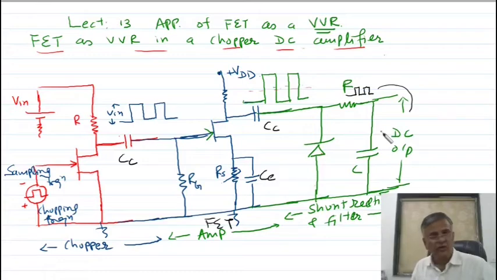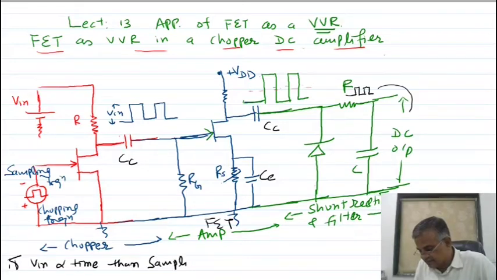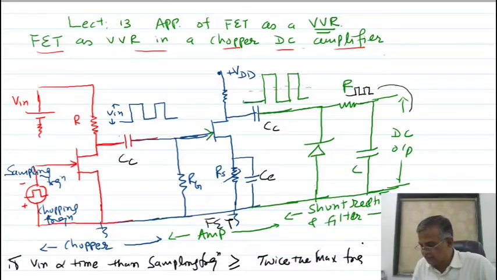Now you have to remember that there is the Shannon theorem. The Shannon theorem says that if V in varies with time, then the sampling frequency should be greater than or equal to twice the maximum frequency component of V in.